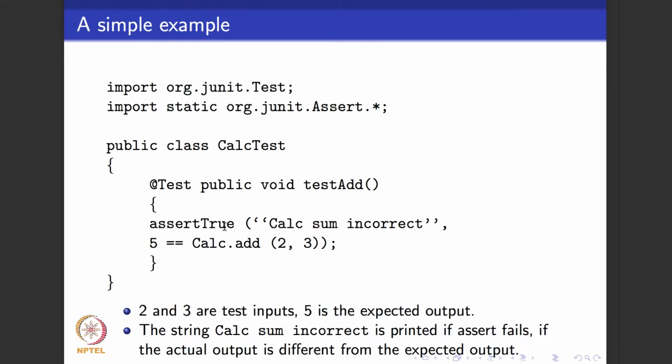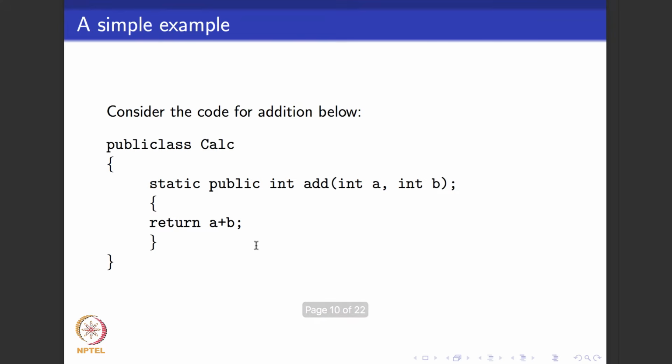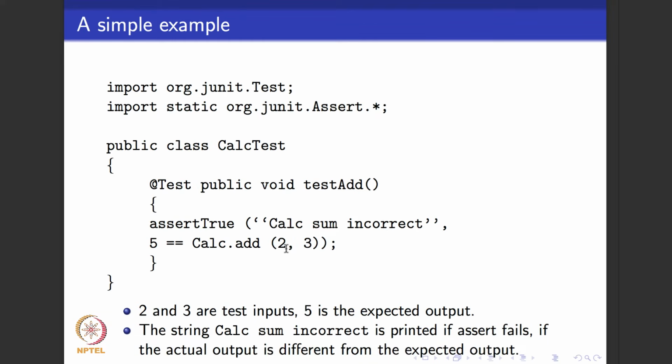The first statement says that you assert true and it gives a string, right? And the second statement actually runs the addition code that we saw in this slide with two actual test inputs, 2 and 3. And if 2 and 3 are the test inputs, assuming that addition works correctly, what is the expected output? The expected output should be 5. So it compares it to 5. What it says is that you run this add program on inputs 2 and 3 and check if the result that is outputted by the add program on these inputs is actually equal to 5.